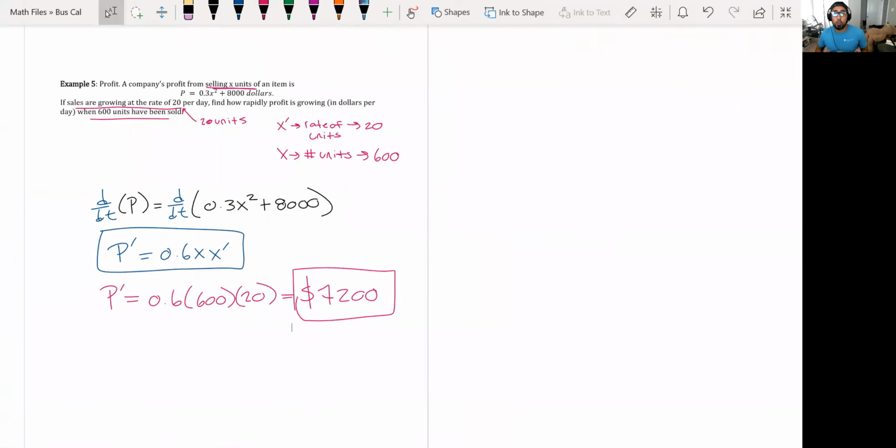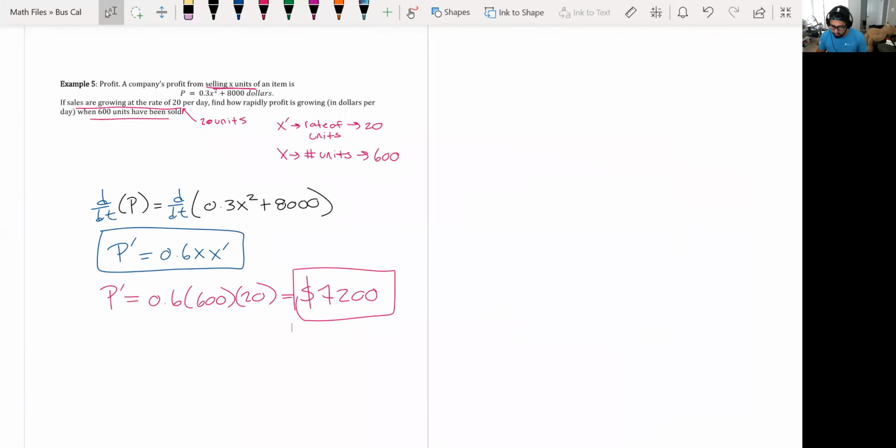So it says, how rapidly is profit growing in dollars per day when 600 units have been sold? So if we have sales growing at a rate of 20 units per day, and we have just sold 600 units, this means profit is increasing by $7,200 per day.